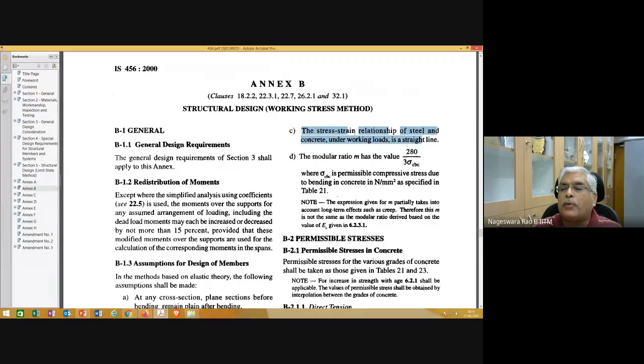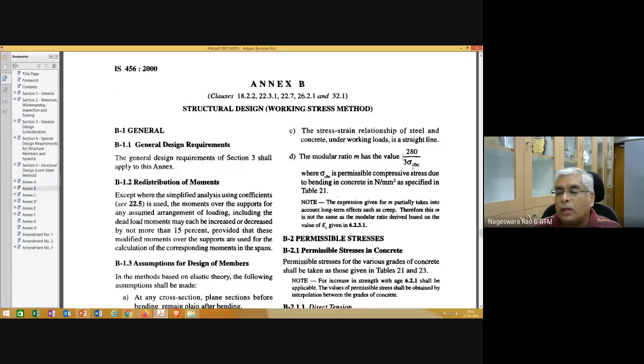That is another important assumption. This is where the stress distribution diagram is going to change between working stress and limit state. When we come to the limit state, I will show you that again. So the third point is that the stress-strain relationship is linear, and the modular ratio, as we already noted, is 280 divided by sigma CBC.